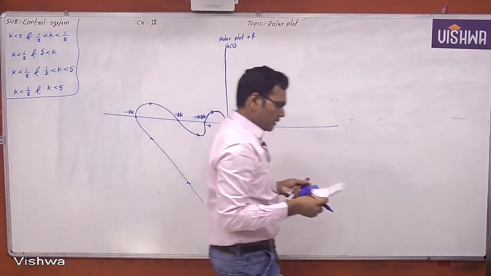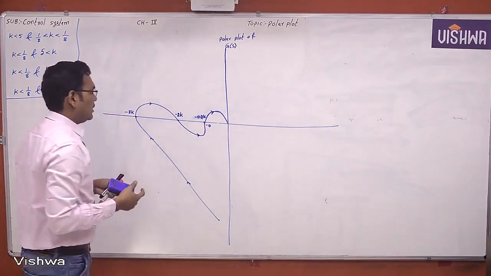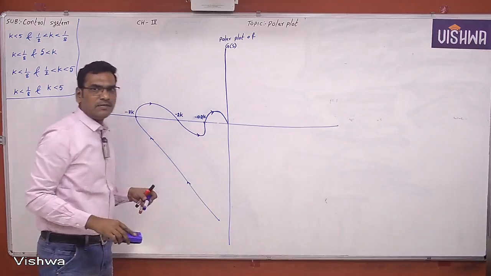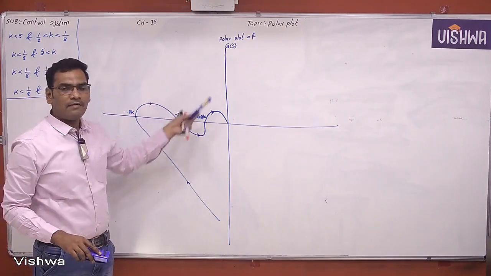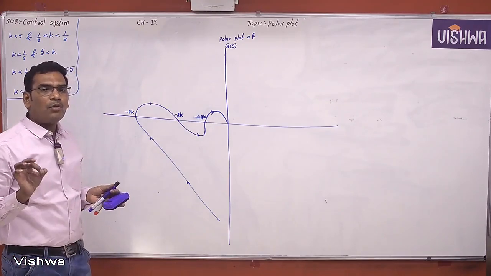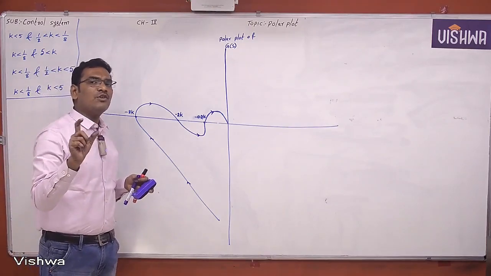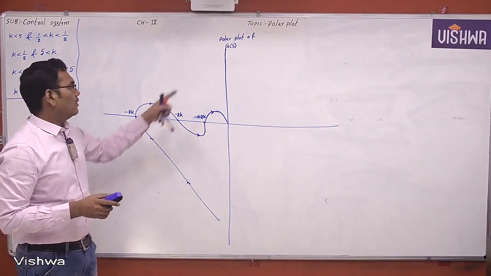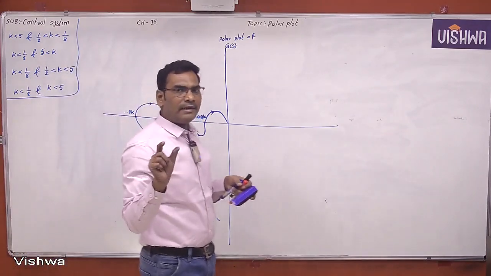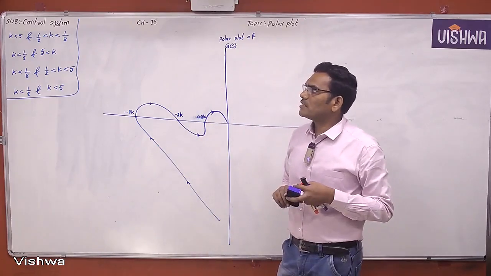Now the question here is, this is the polar plot of an open loop transfer function, which is very interesting. We are asked to find the range of values of k such that its corresponding closed loop control system is stable.